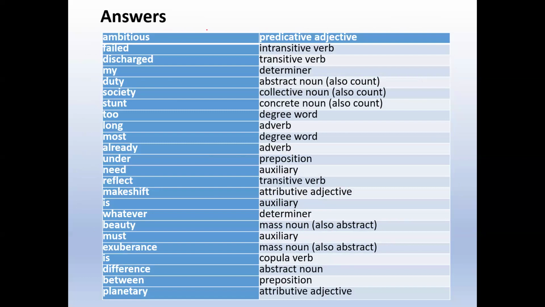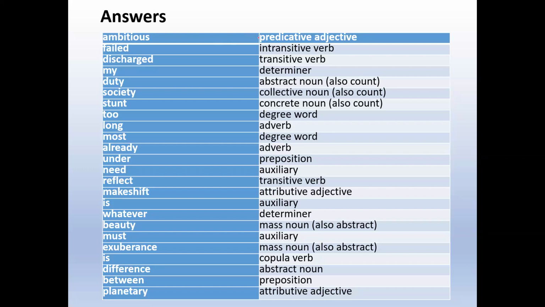So if any one of you has a problem why it is a predicative adjective, you need to search for it and learn a little bit more about it, right? Because actually it is not my work here to explain detailed grammar. It takes a long time.